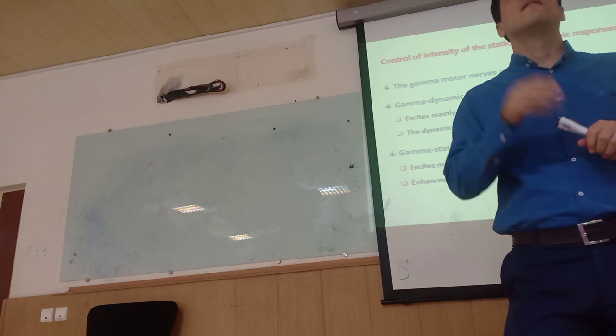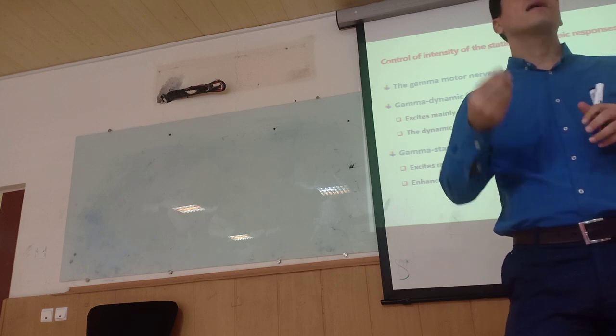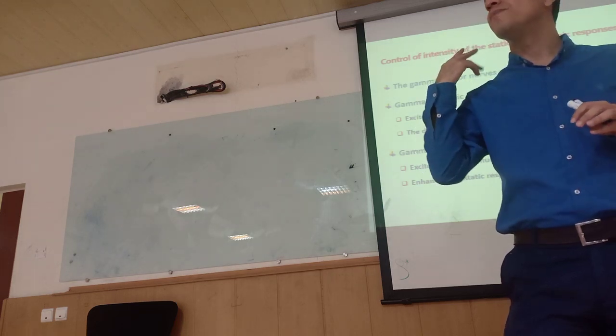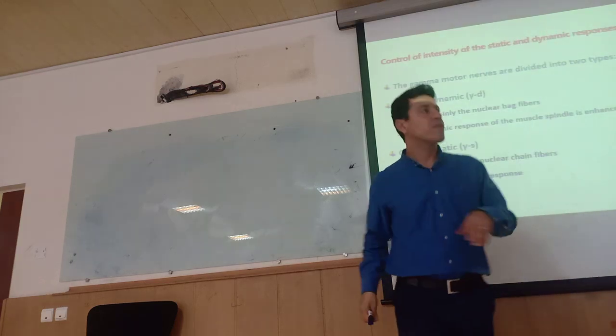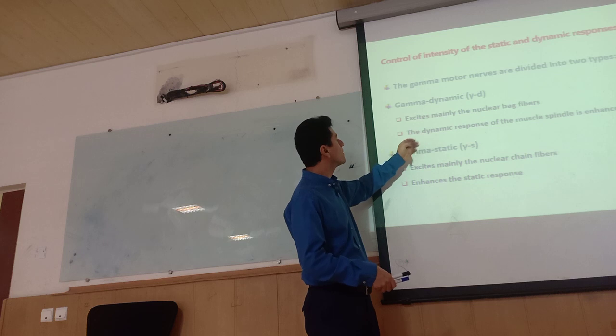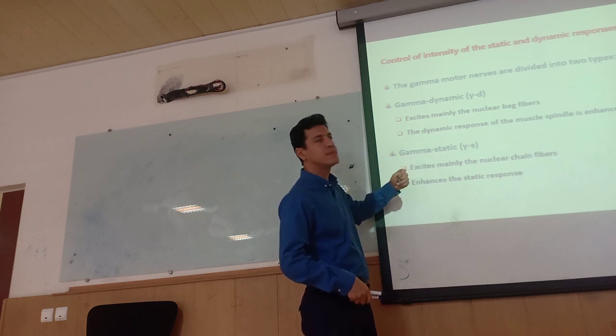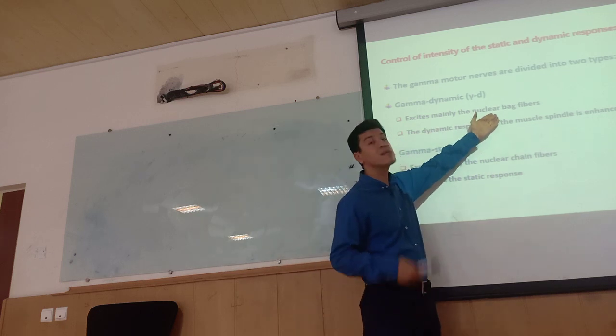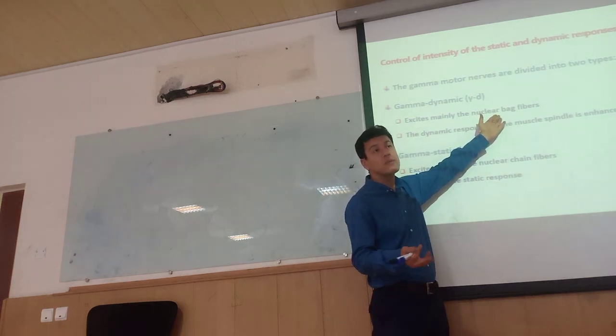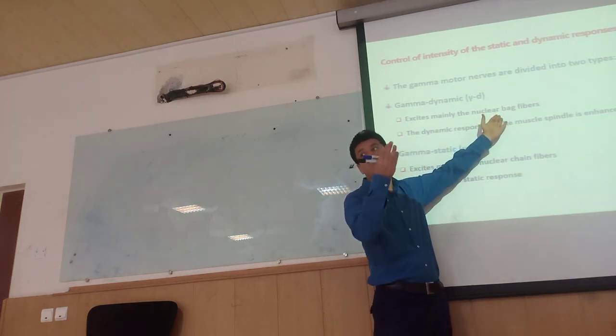So, gamma motor neurons can also be divided into static and dynamic. So we have both static gamma and dynamic gamma. Dynamic gamma excites nuclear bag fibers mainly, so they increase the dynamic response.